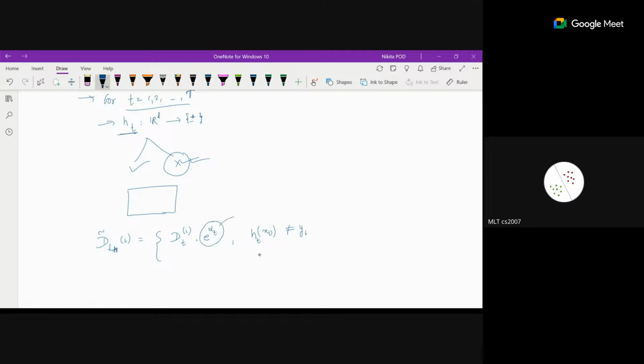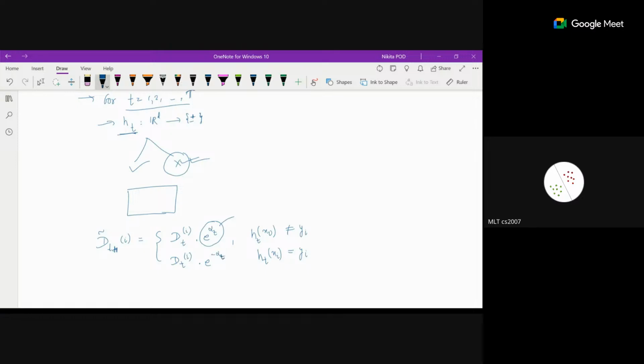Okay. And for the cases where it correctly classified, where h_t(x_i) was equal to y_i, again you multiply the data point by some term, but this time it is e to the power minus alpha_t.